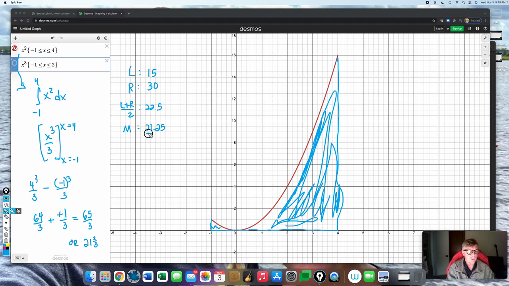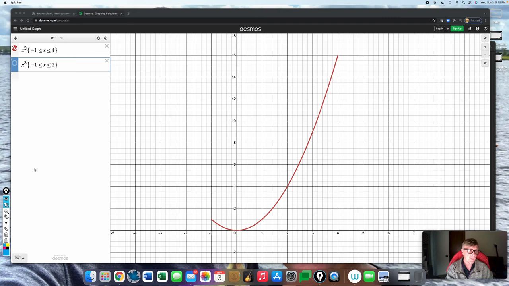You'll have to go back earlier in the video to see if I'm right. I don't remember that number, but in any event, this is the exact area. This is the exact answer, without having to do midpoint, left or right hand approximations. And it uses this beautiful result called the fundamental theorem of calculus.